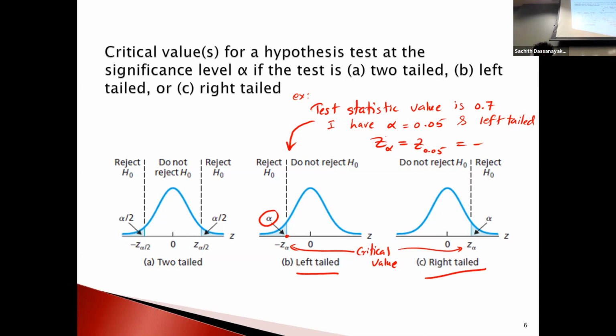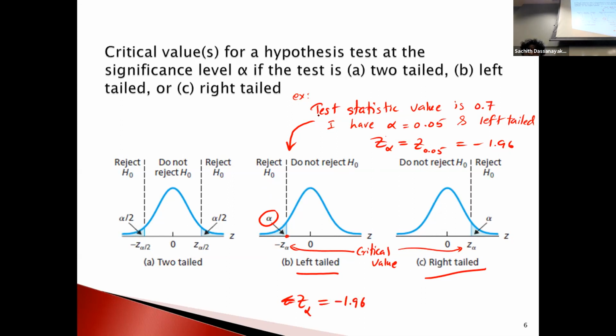Clear? Let's say that value is negative 1.96. It doesn't matter what exactly it is, it's a negative value. So this value is negative 1.96.